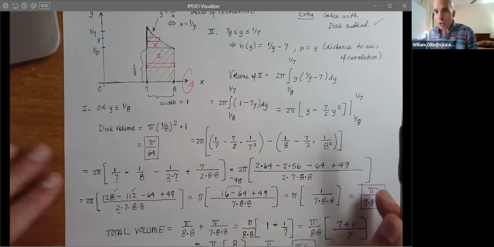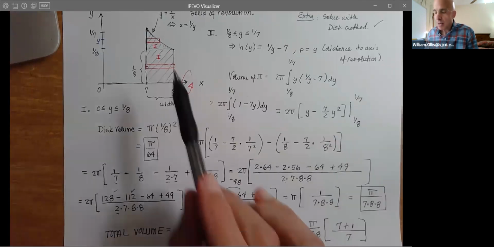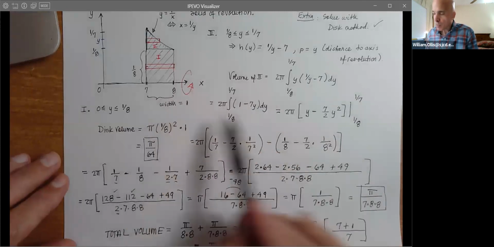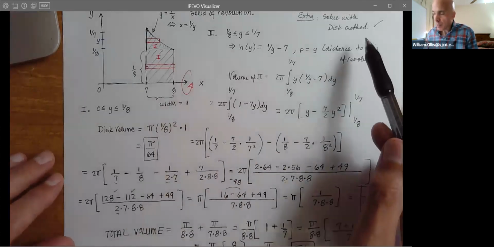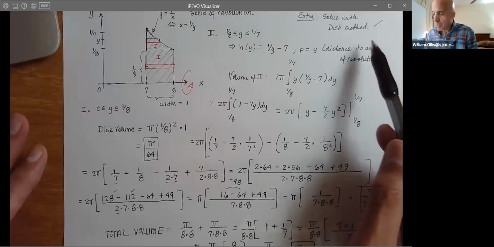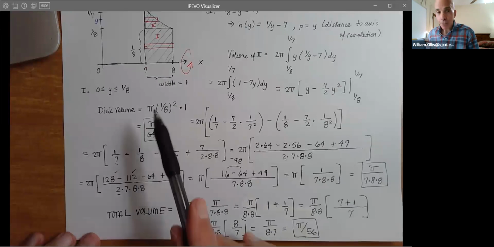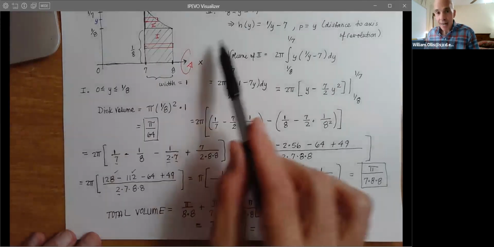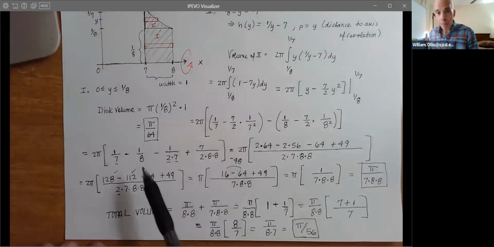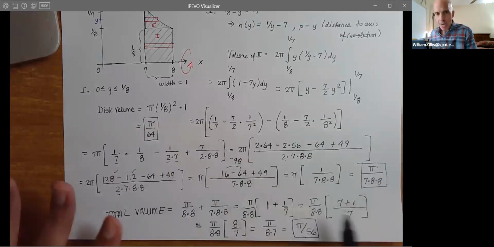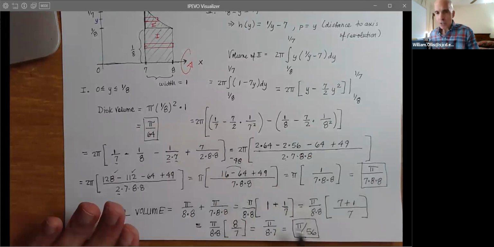So what I want you to realize is that sometimes the disk method can be just a walk in the park. But when you compare this to the actual disk method, we can see that that would be much easier. But again, I do want you to work through this and appreciate the fact that we can actually work this with the shell method. And it's important, as you do the arithmetic here, you're just doing algebra. So factor things and work with it so that each step is clean and you can go back and check your work.